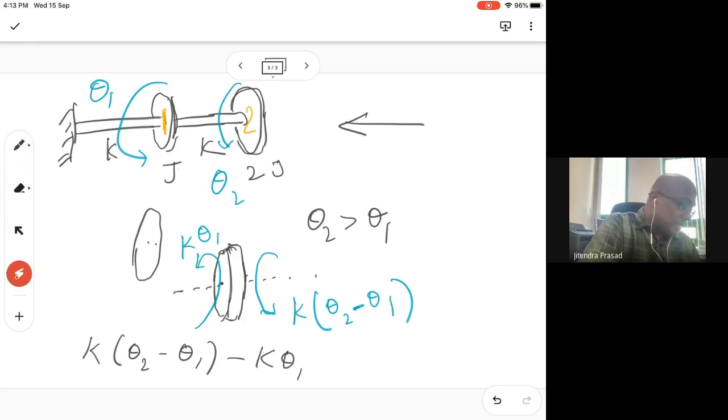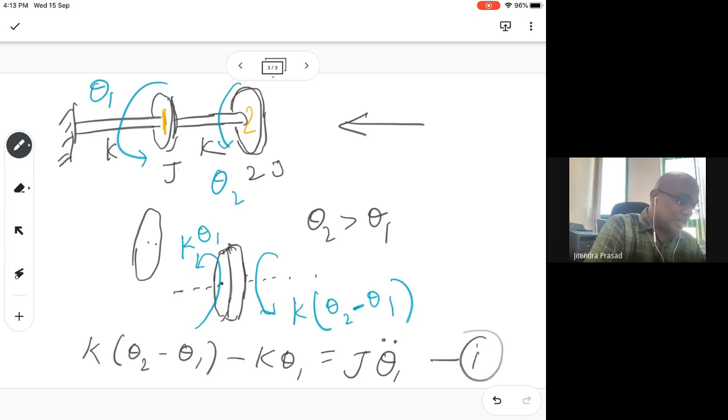So k(θ2 minus θ1) is anti-clockwise, so it is positive, then minus kθ1 has to be equal to the rotational system, and hence there will be a mass moment of inertia, which is J, times θ1 double dot. So this is our first equation.